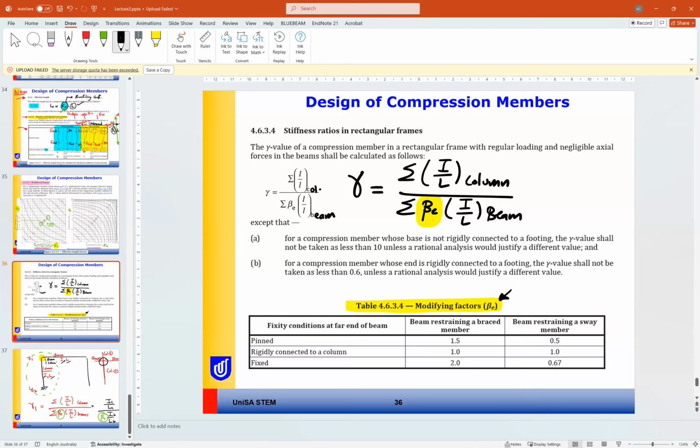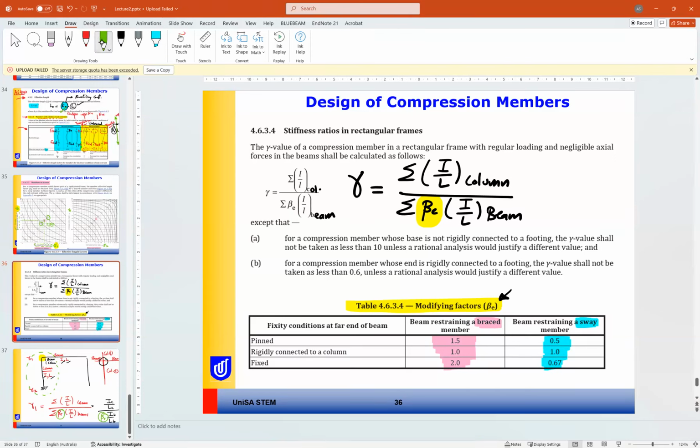Again, we have two cases: one case for braced members, another case for sway. So if you are solving a braced frame, you need to take the values here. If you are solving a sway member, you need to take the values from here.